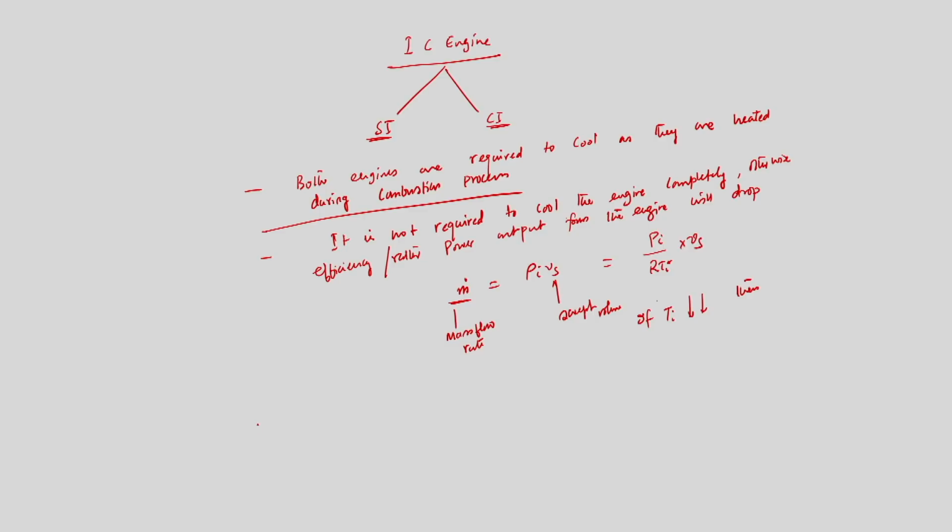So, whatever amount of heat is generated in the IC engine because of the combustion, here 30% of the heat is transferred by the engine, because the heat is generated because of combustion, or rather I can write due to burning of fuel, that is combustion. We will discuss.